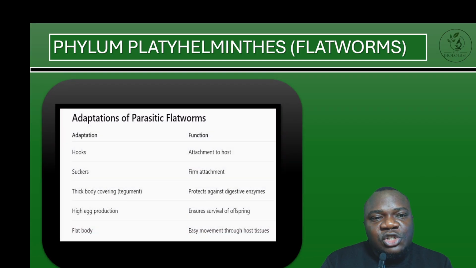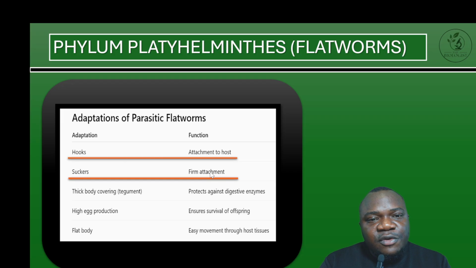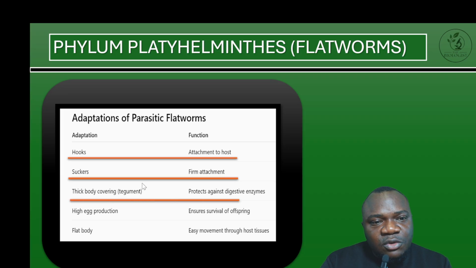So adaptations of parasitic flatworms. So we have different parasites. How did they actually adapt? This information is very important because it's important for us to know how they adapt. So we have the hooks. They possess hooks which help them attach to the host, and they have suckers for firm attachment. They have thick body coverings, also known as the tegument, which protect against digestive enzymes.